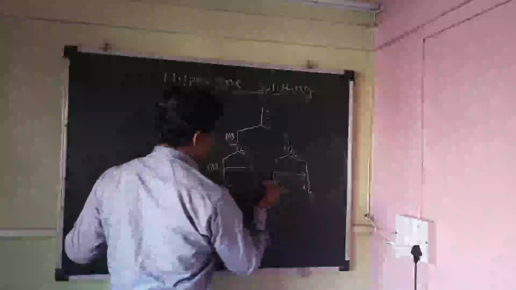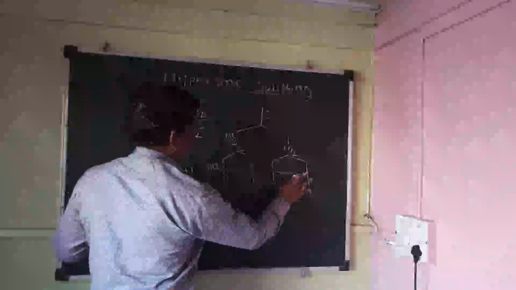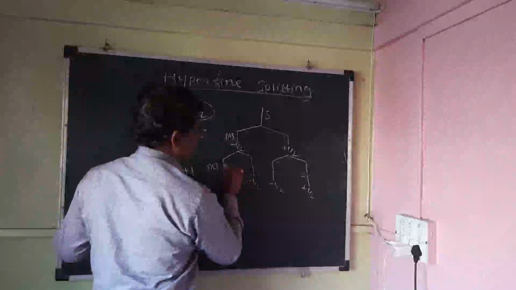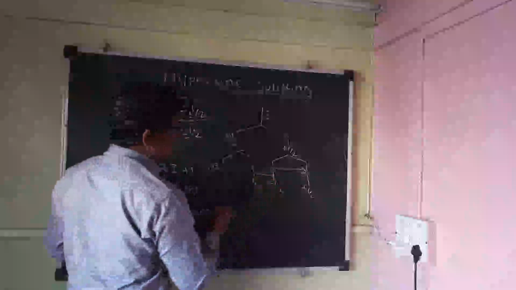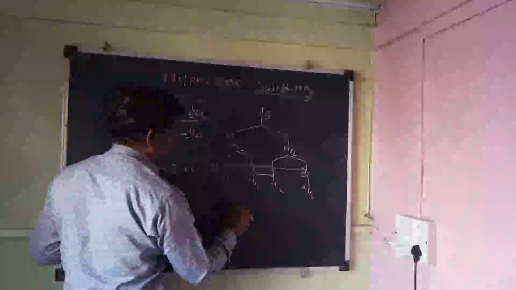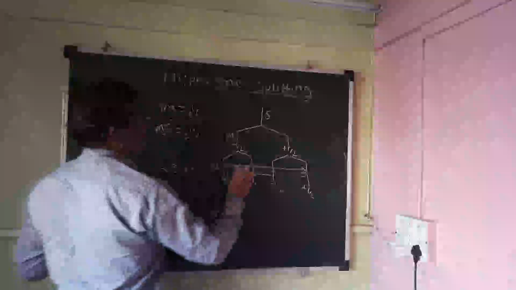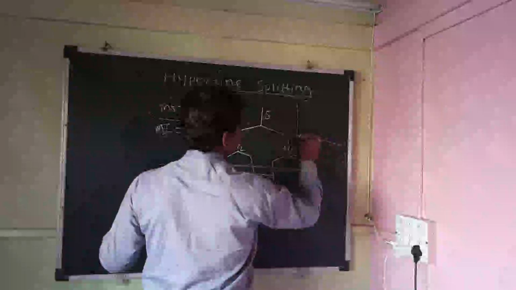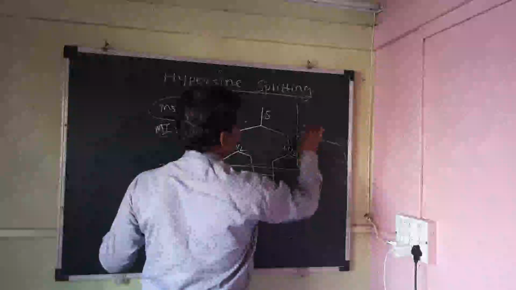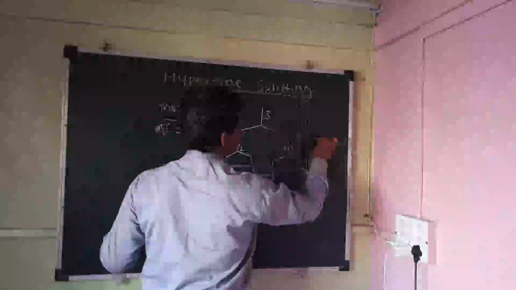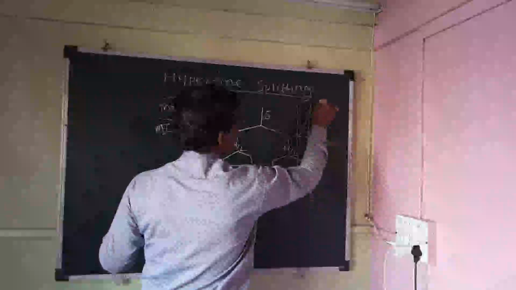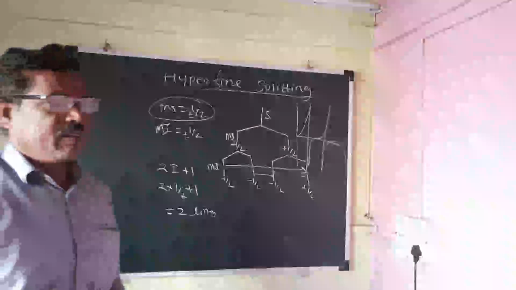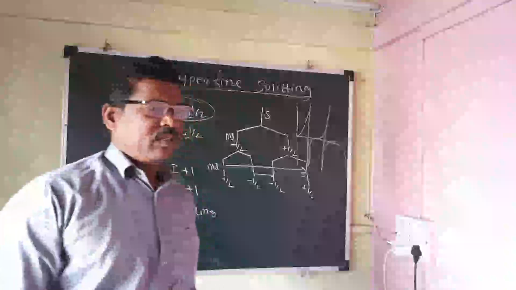This transition is plus 1/2 to plus 1/2 and minus 1/2 to minus 1/2, and that means 2 lines are obtained. These are lines 1 and 2. 2 lines are obtained in hydrogen.